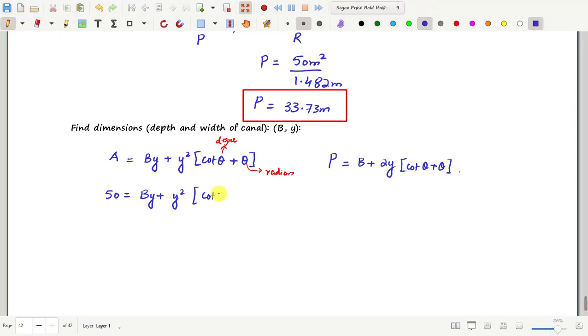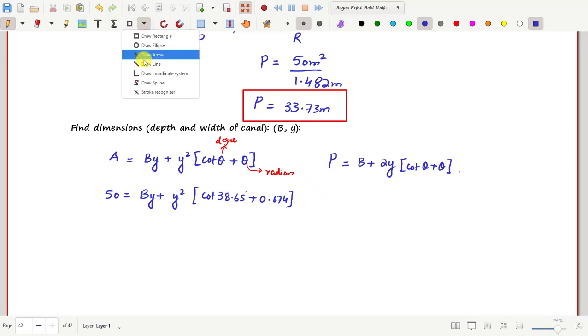So cot theta is for 38.65 degrees, plus theta in radians. When we converted 38.65 degrees into radians, the value was 0.674.